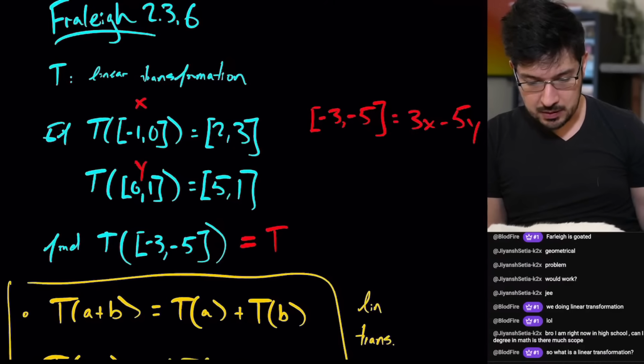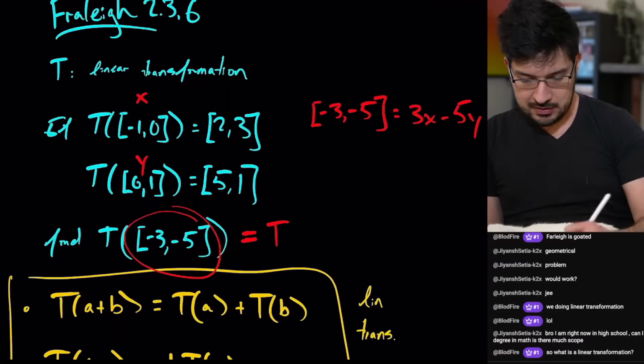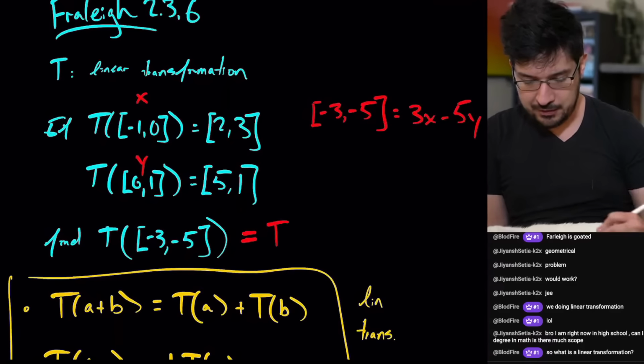Does that make sense? So 3 times x and 5 times y. 3x minus 5y equals this vector, (-3, -5).